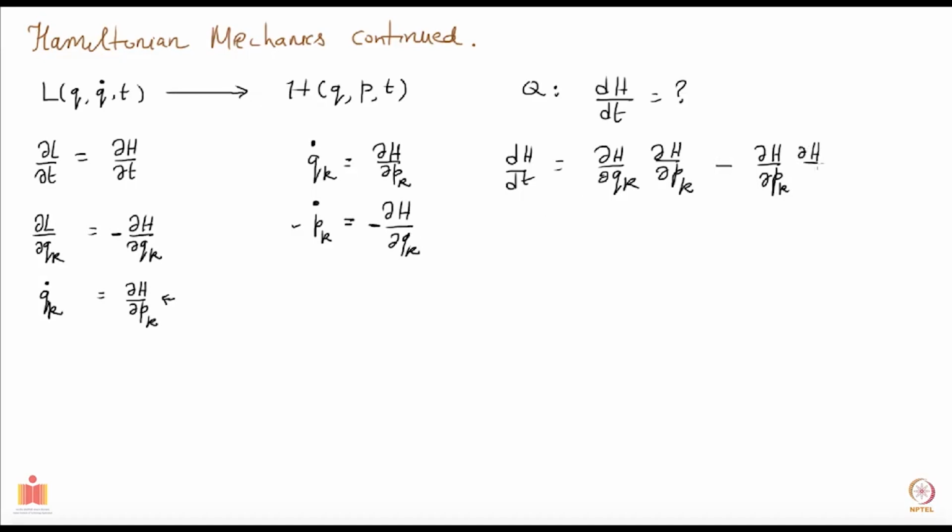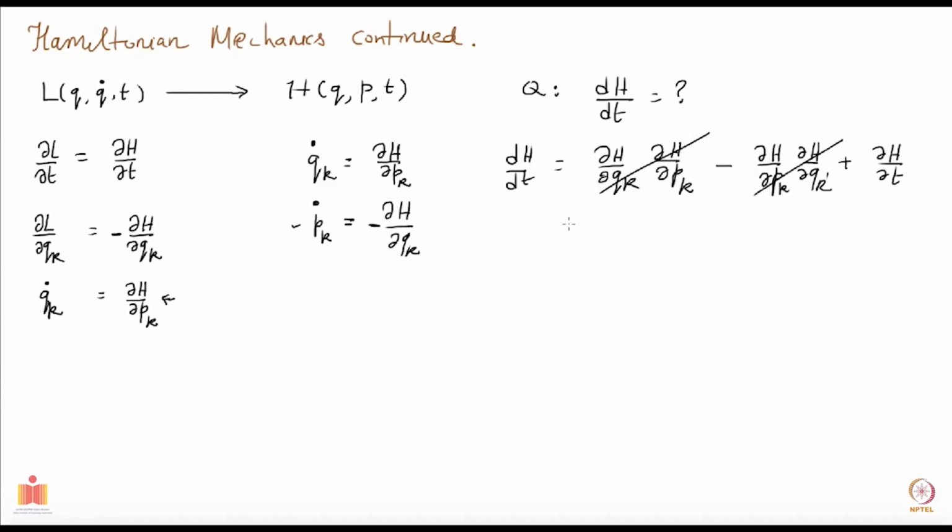Then the third term will be the partial derivative of H with respect to time, because your Hamiltonian could in principle depend explicitly on time. But now these two terms are equal: ∂H/∂Pk times ∂H/∂Qk appears in both. So these two cancel.